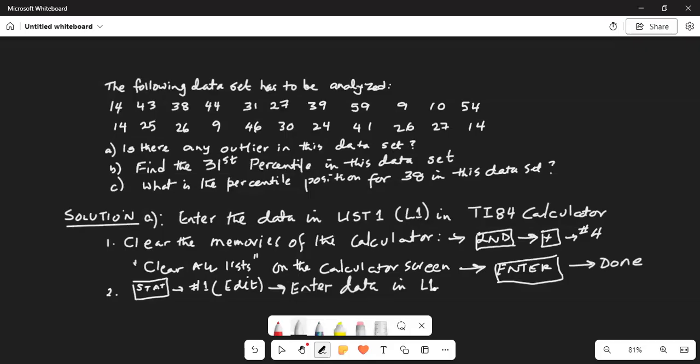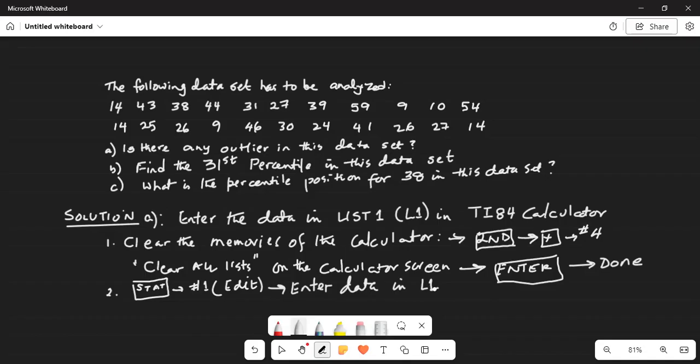Then 14, 25, 26, 9, 46, 30, 24, 41, 26, 27, and then 14. Okay, so we have entered 22 data points in L1.